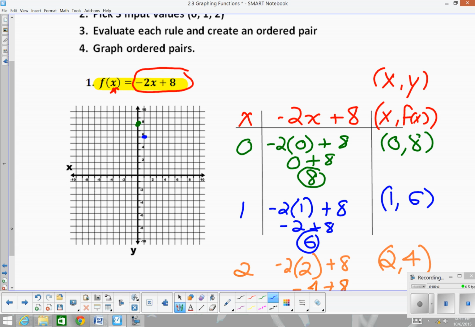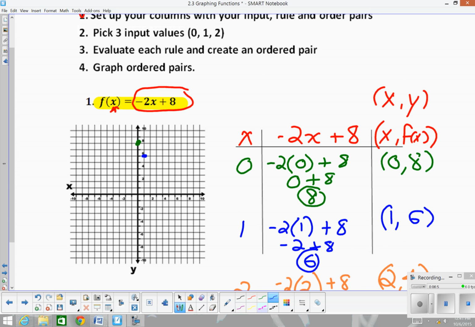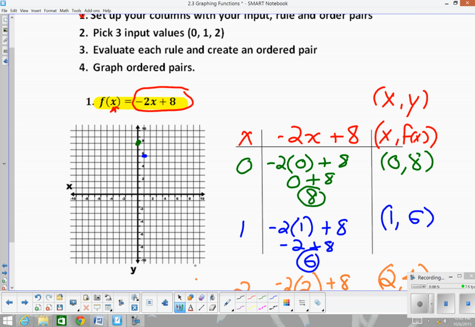Okay, cool. And my last ordered pair is going to be 2, 4. So that's going to be orange. So 2, 1, 2, up 4. It's going to look something like that. So I have those 3 ordered pairs right there. And you could kind of see that if you did connect them, they'd be in a straight line.